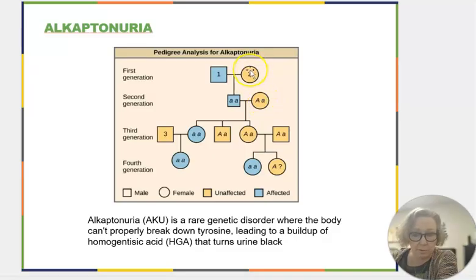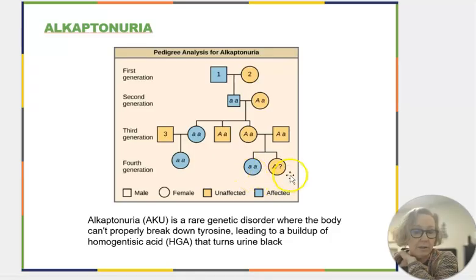How did we figure out that this person was a carrier? Because they have a child that has it. We also figured out that it's recessive because not everyone has it. These people don't have it, so it's got to be a recessive disorder. So that's one of the things we do with pedigrees: we go backwards.